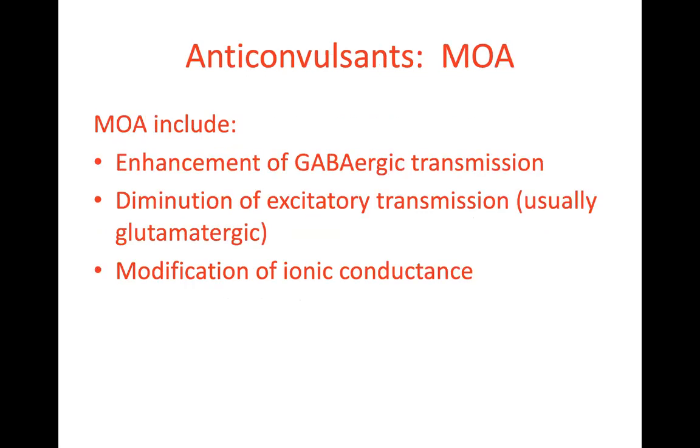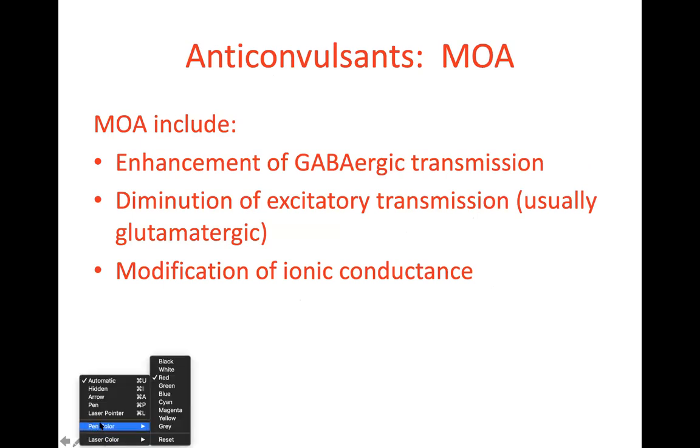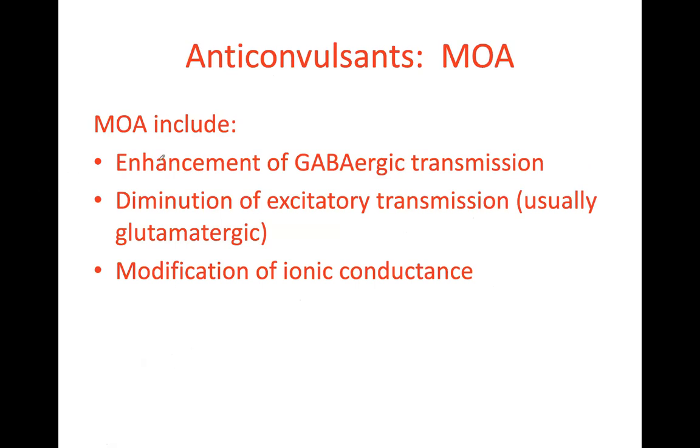When we look at the anticonvulsants in general for their anti-seizure activity, the mechanisms fall into these general categories. One is they may enhance GABA transmission. GABA is an inhibitory transmitter, and glutamate is an excitatory transmitter. Several of these drugs either increase GABA release or block the breakdown of GABA.